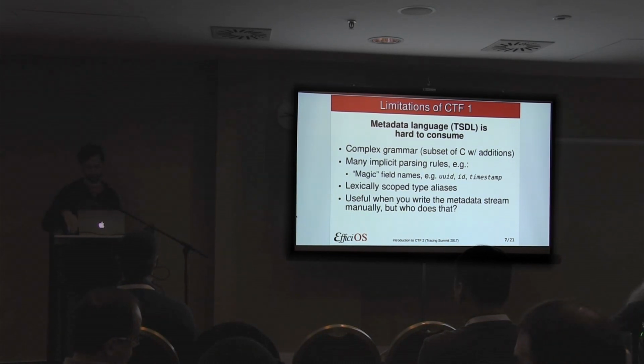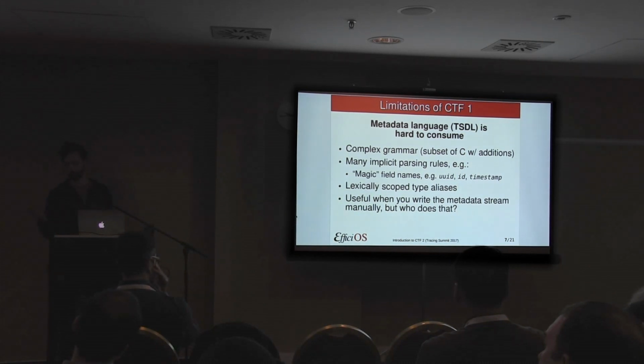It currently supports type aliases, but they are lexically scoped, so some type alias can shadow another one, and you have to keep a stack of type aliases and their current mapping. So that's more complexity in the parser also. All that is really useful when you write the metadata stream manually with a text editor, for example, and then you have your producer actually produce the content.